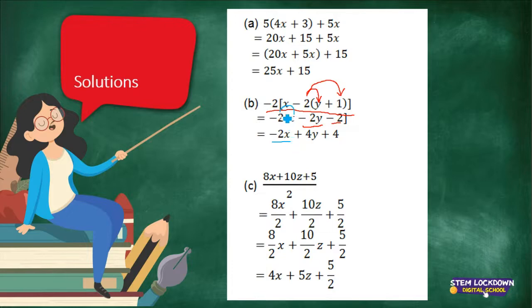Then -2 times -2y: a negative and a negative gives a positive, and 2 times 2 is 4, so you have 4y. Lastly, -2 times -2, negative times negative is positive, 2 times 2 is 4. So this is your answer.